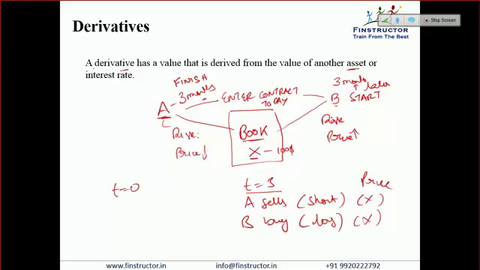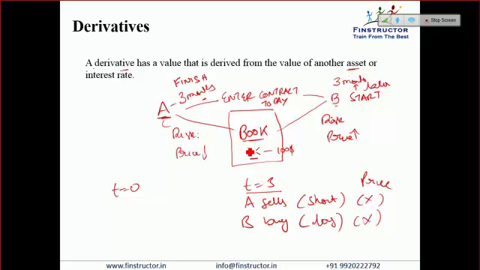Now, the value of this contract at any point in time from t equal to 0 to t equal to 3 depends on the price of the book. The value is derived from the value of another asset, which in this case is the book.